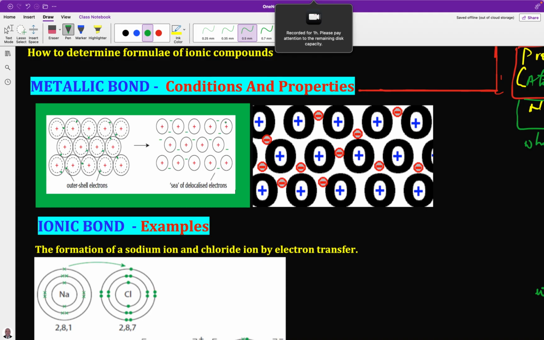You should know that metals are malleable and ductile. Why do I say that? It's because the layers of ions can slide over each other and change into any shape. Of course, metals have high melting and boiling points. They also have high density.